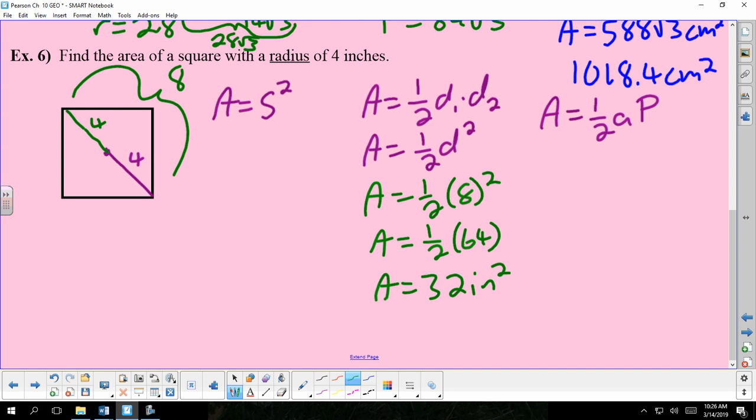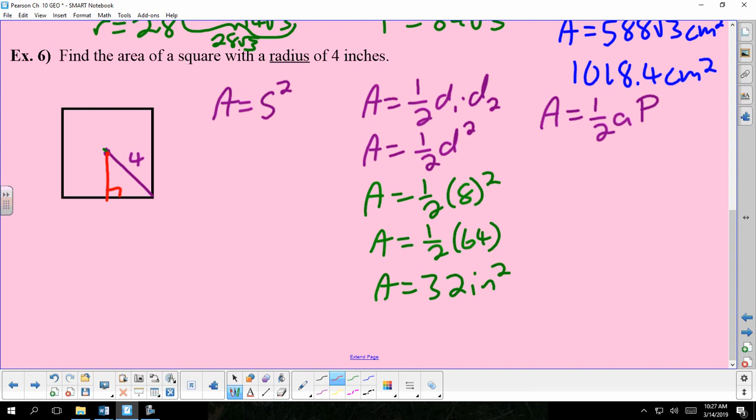So now let's go about finding what the side length is. I'm going to create my apothem, my bisector, and then we can find 1/2 of the side length here and 1/2 of the side length here.